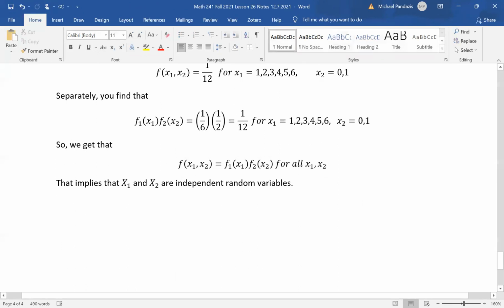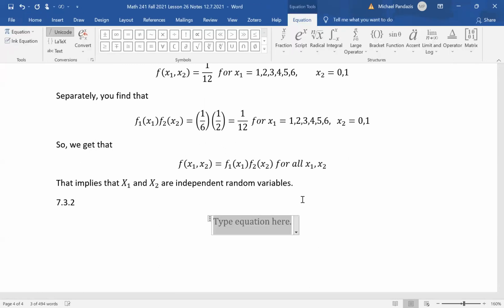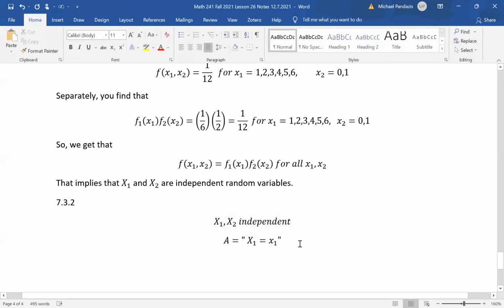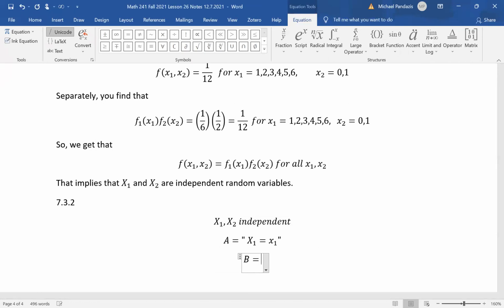Okay, so here we have: if X1 and X2 are independent, and the event A is capital X1 is equal to little x1, and capital B is the event of capital X2 equal to little x2.